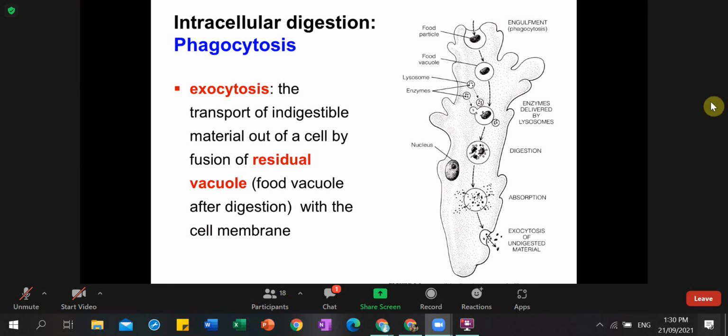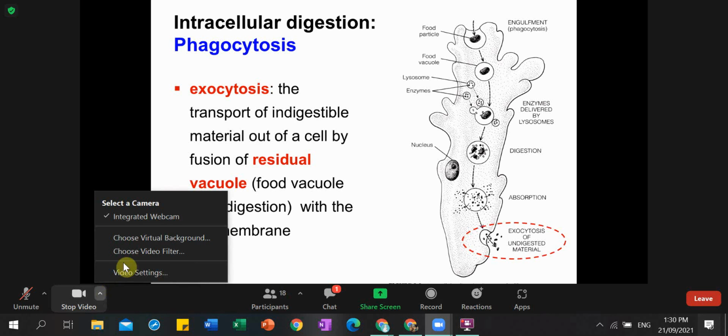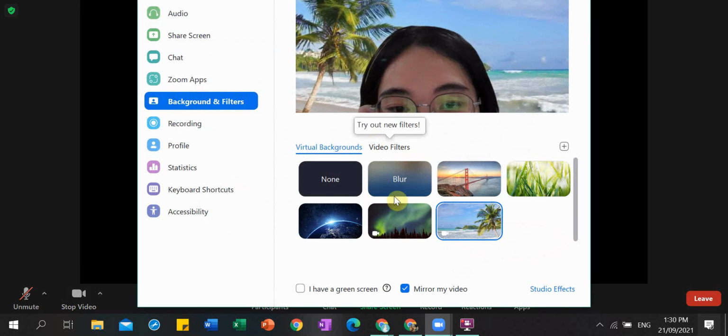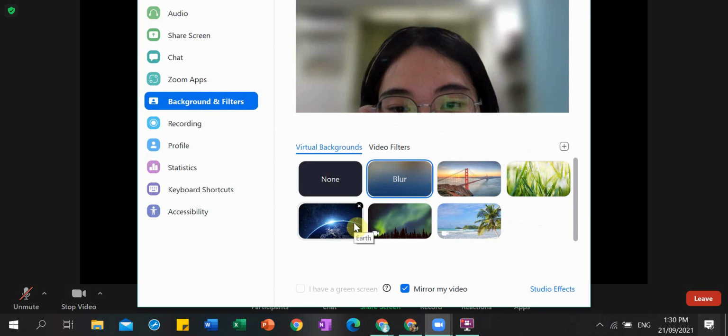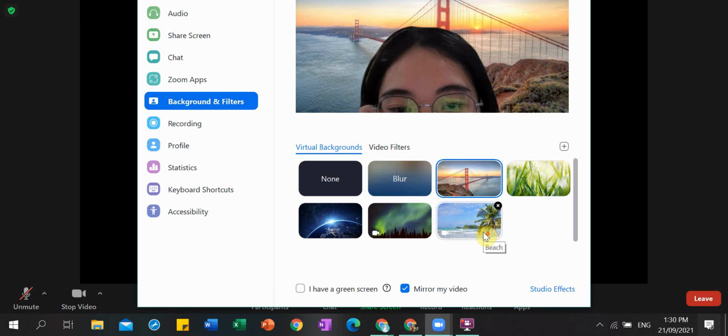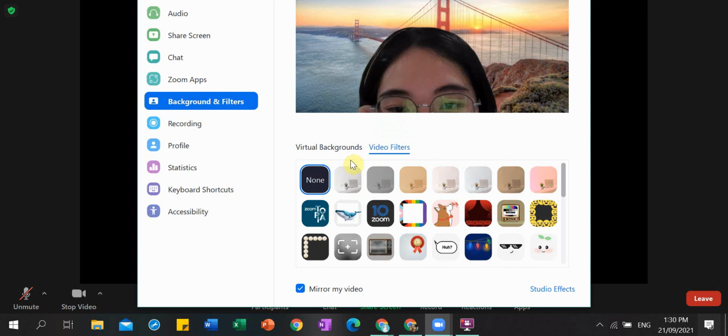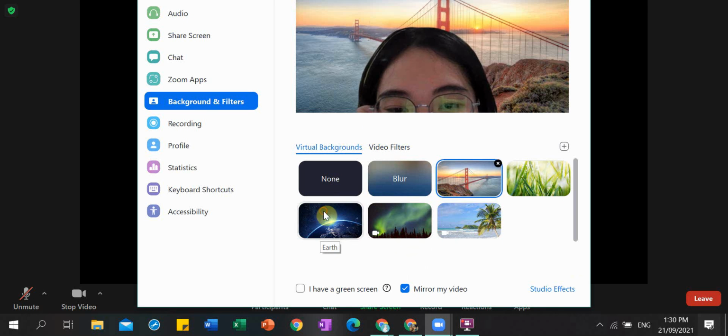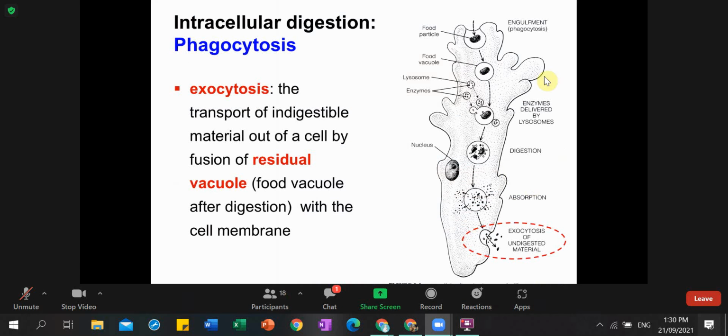So in the food vacuole, anything that is not digestible, after they absorb the nutrition from the food vacuole, what remains is called a residual vacuole, which contains all the things that cannot be digested.